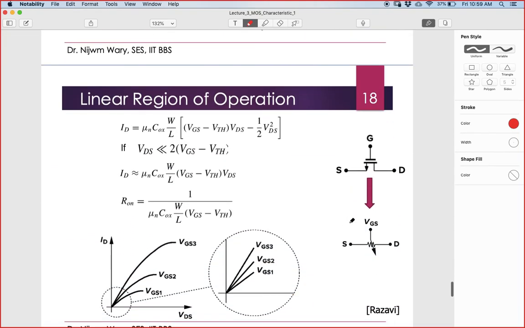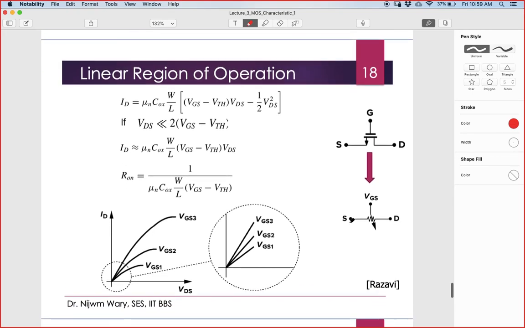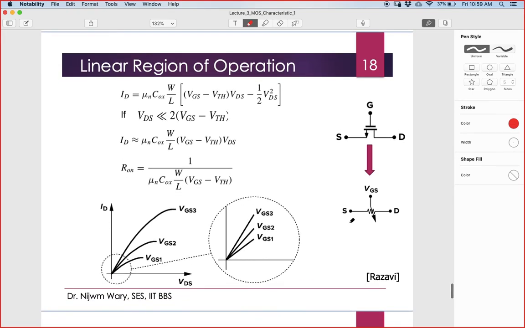Anyways, if you zoom into the linear region, whenever the VDS is very small, especially whenever VDS is much lesser than twice of VGS minus VTH, then this term is very small, so the other term becomes dominant.